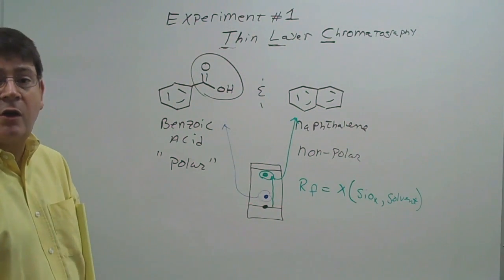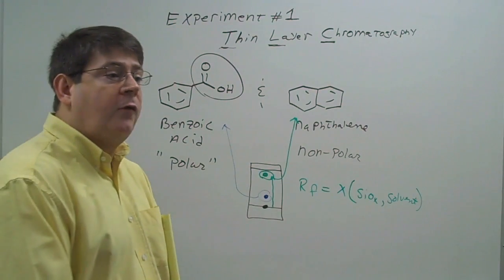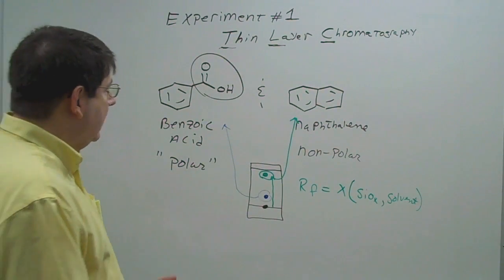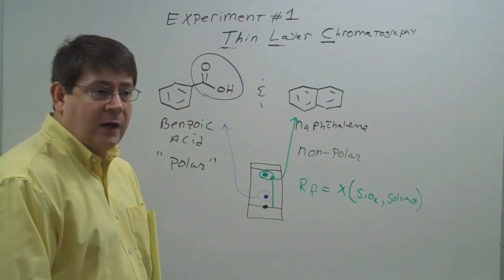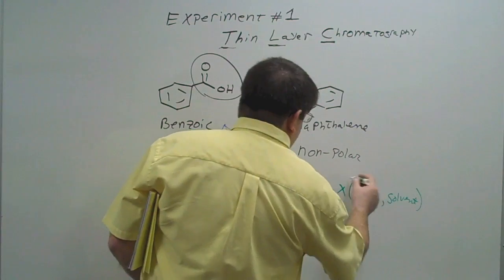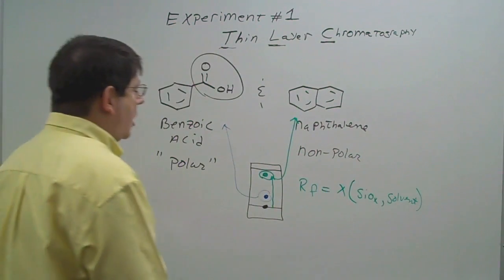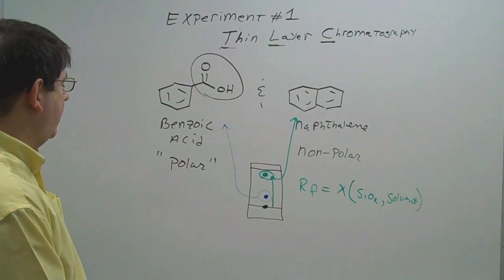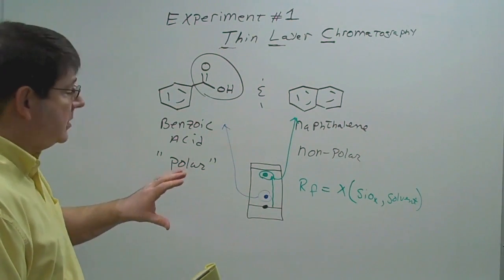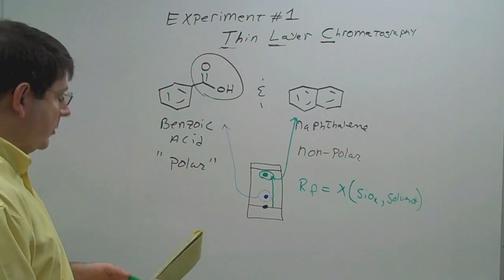So if you change solvents, the RF value will change. If you go from a silica gel substrate to something else, say neutral alumina, it will also give you a different RF value. So it's only a constant when you have this identical condition, solvent and solid support. And so that's very important that you always make sure that you're using the same type of TLC slides as well as the same solvent when you're doing comparisons.